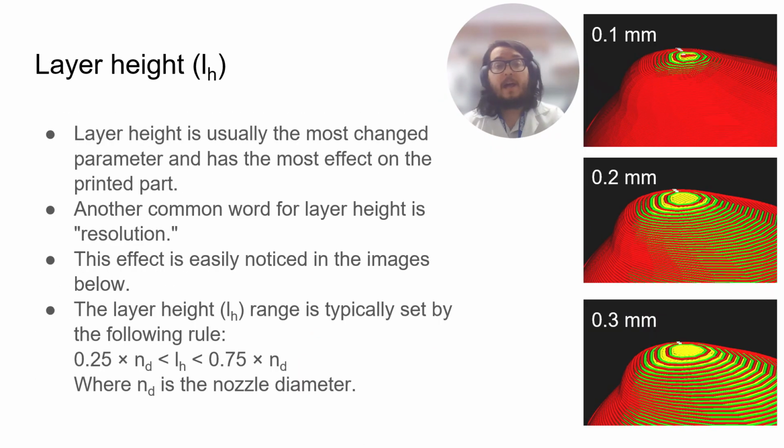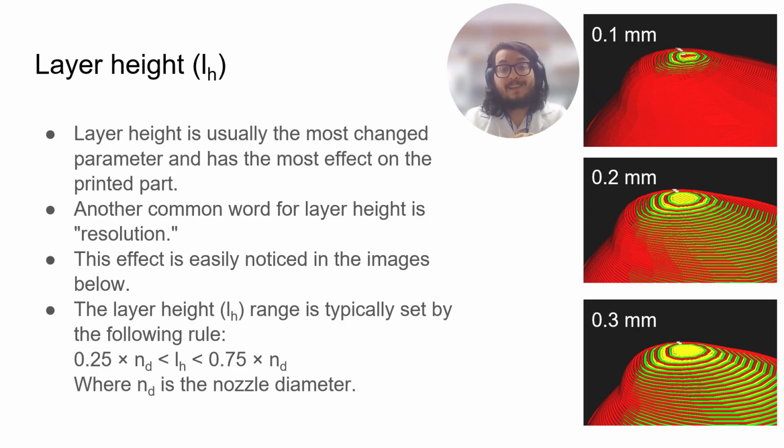So the first one, and I want to say it's definitely the most important one, is layer height. Layer height will heavily affect not only the quality of your parts, in the sense that it looks nicer, but also things like the speed, how fast you actually print your part.